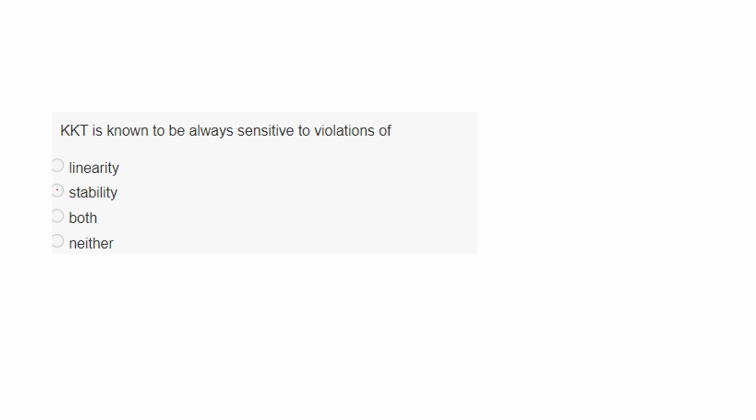If it is not stable, it will surely flag it as non-compliant. Like sir had explained in different examples in the video, there are cases where even if it is non-linear, KKT will say it is compliant. So please go through that, and I hope it will be clear.